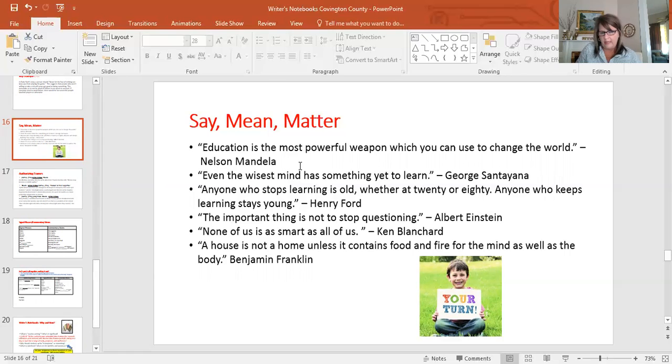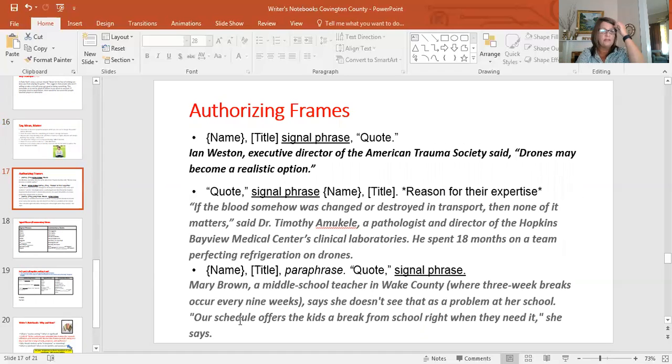They're an authority on something, or they're a real credible source. So they have some credibility and some authority. And so we want to teach students, remember we're bumping up the say, mean, matter, so we want to teach students how to authorize, so tell why someone is an authority on something.